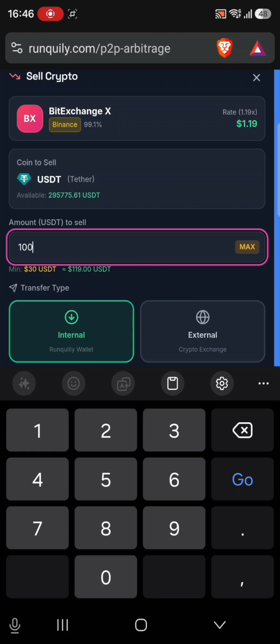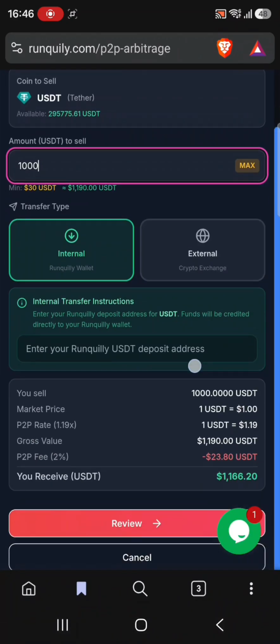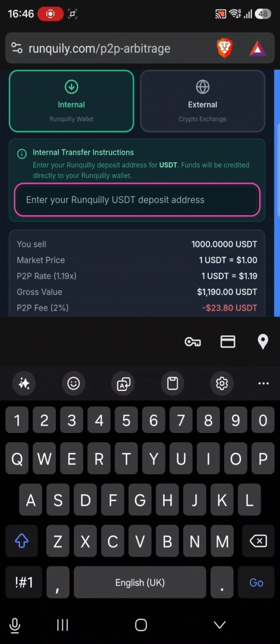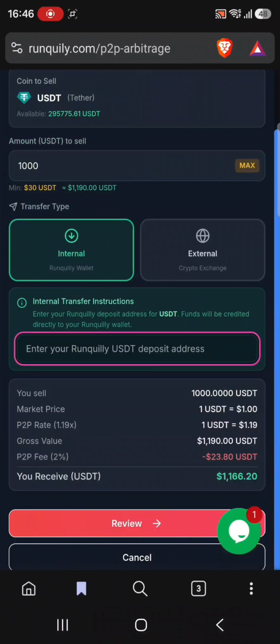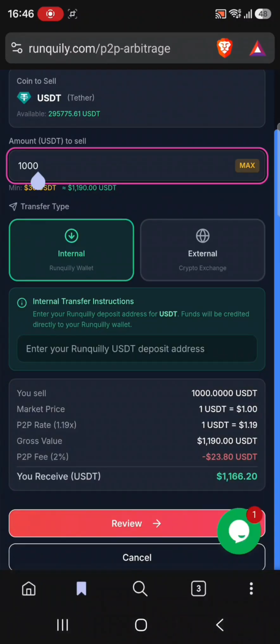So I'll be trading with, let's say, 100 or 1,000. Then you can see that I will be using my Tranquil deposit address. So let me copy my Tranquil deposit address, then I paste it here, and we receive our assets in our Tranquil, then we make a withdrawal right away.